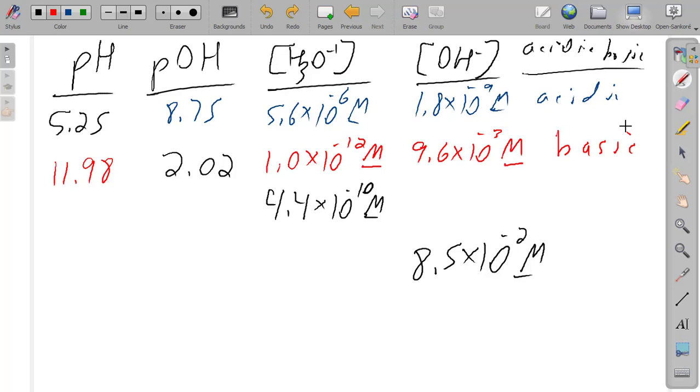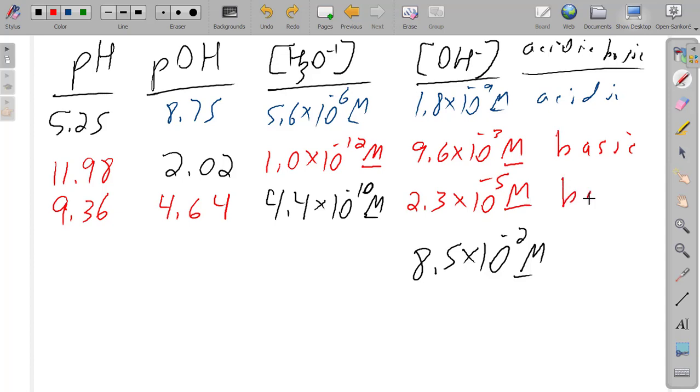Third row. If you're given hydronium, you can calculate pH by doing the negative log, right? And you should end up with 9.36 as the pH. Then doing pOH for that gives you 4.64. And then the hydroxide concentration, 2.3 times 10 to the minus 5th molar. And again, the pH was above 7, so it must be basic.